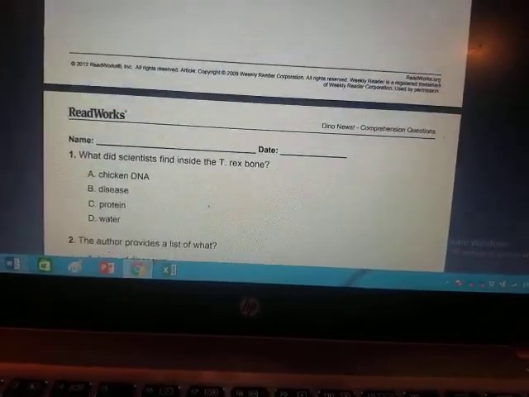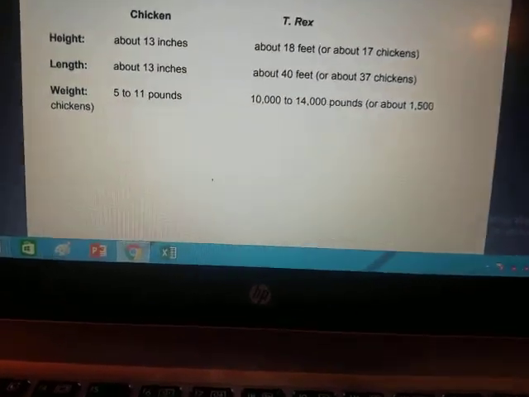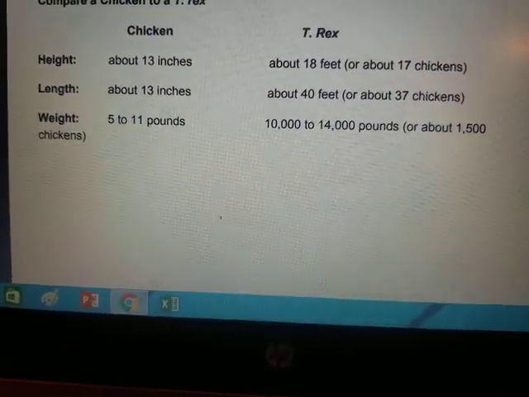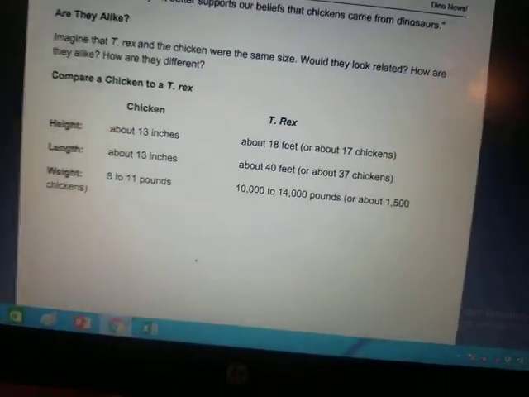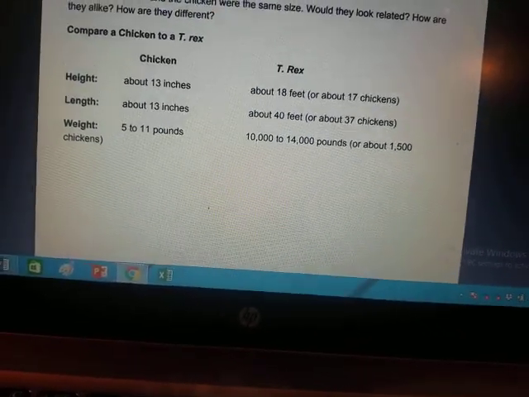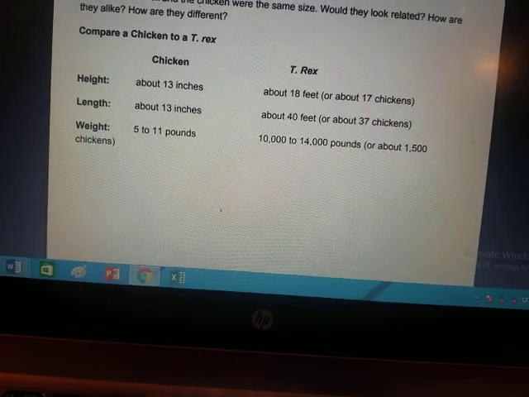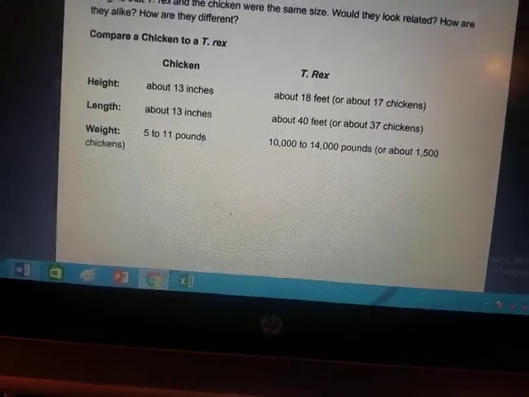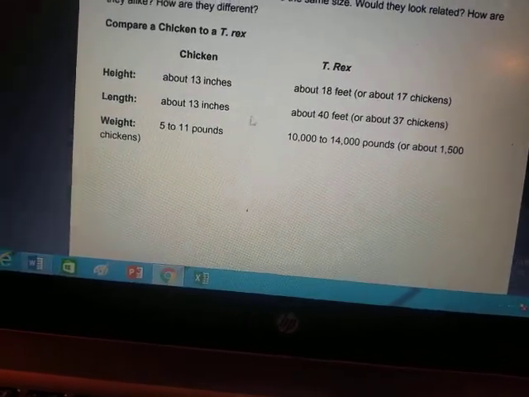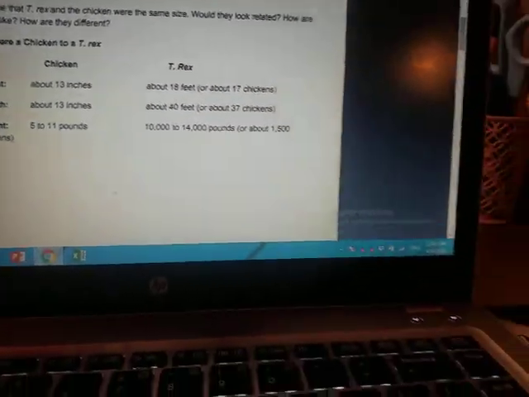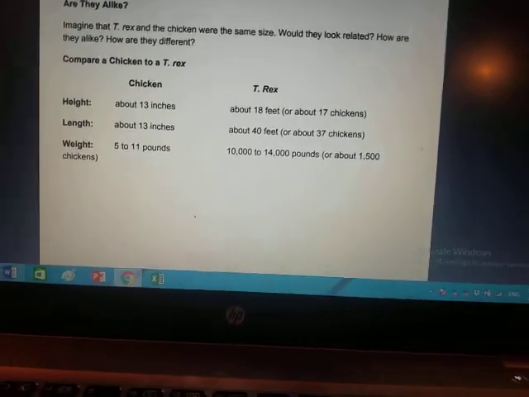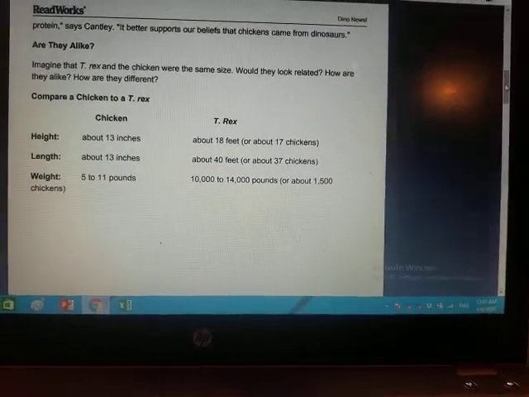This right here proves how people wouldn't believe it, because look how different they are. And you could say, I know this answer because when I was looking at the chicken and T-Rex chart, it tells me that a chicken is 13 inches, whereas a T-Rex is 18 feet. So at least using that table, you can provide evidence for me.